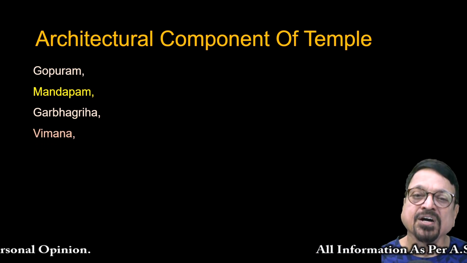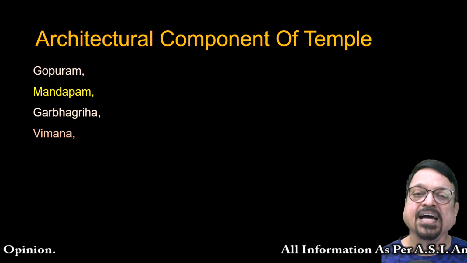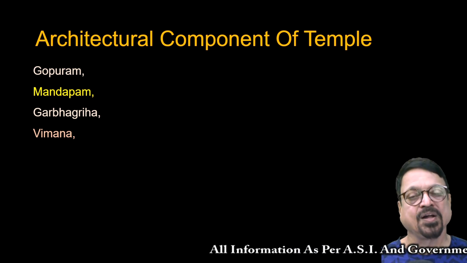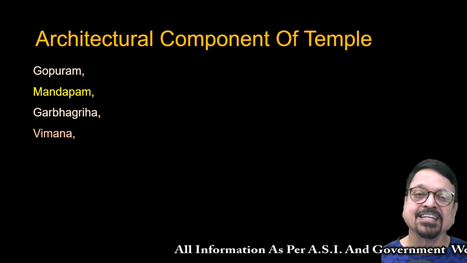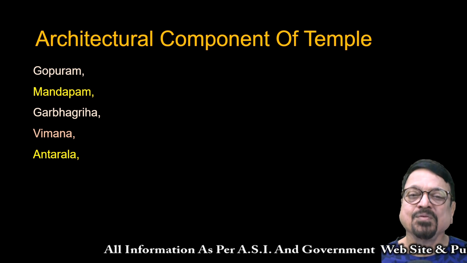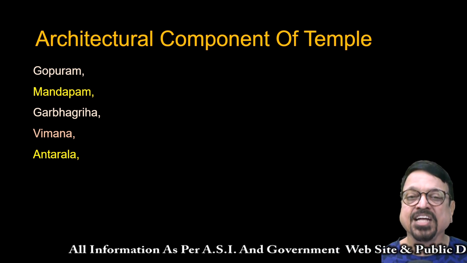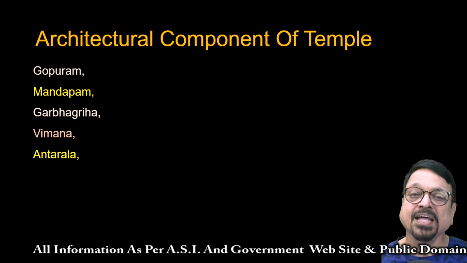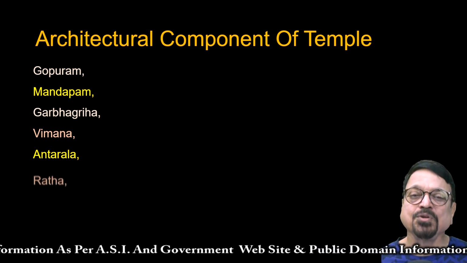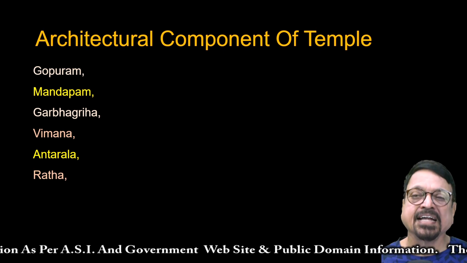Now this Garbhagriha subsequently had a superstructure over it, and that is called Vimana in South India and Shikhara in North India. We are going to see how they differentiate, how they classify, and how they help to style a temple. The Antarala is a vestibule between the Garbhagriha and Mandapam.